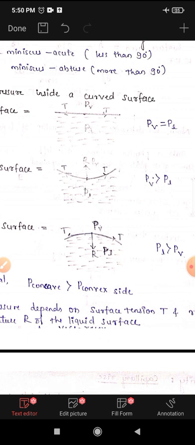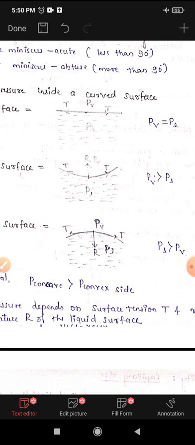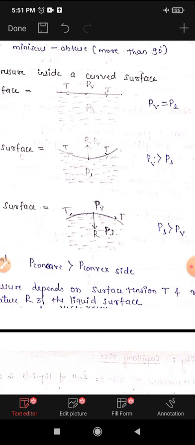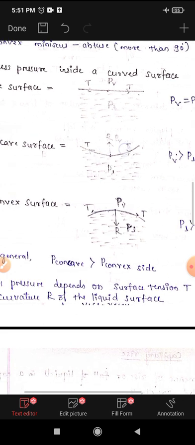Because of this surface tension, the resultant pressure will be in an upward direction, because these surface tensions are acting slightly upward due to the concave side.